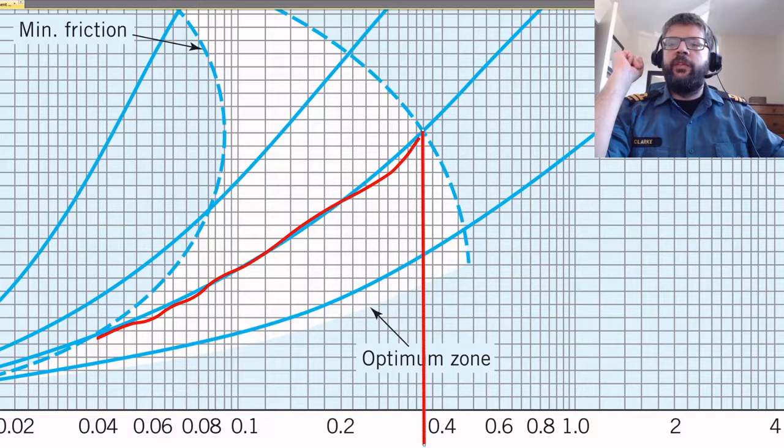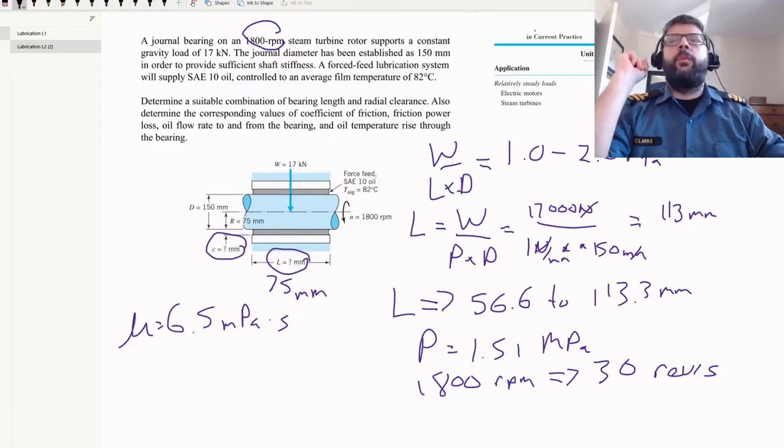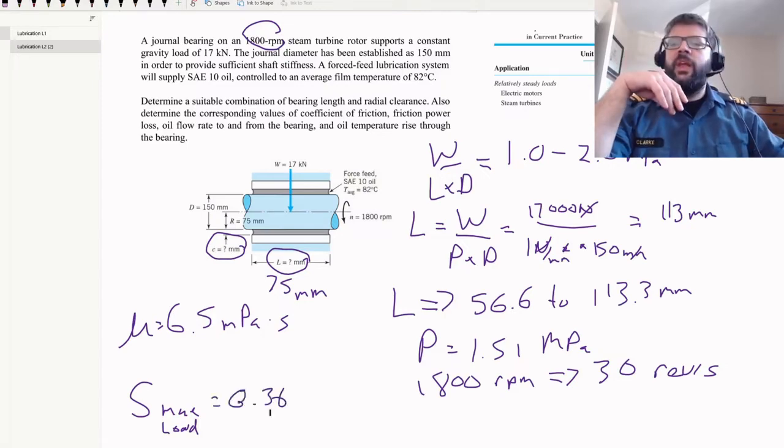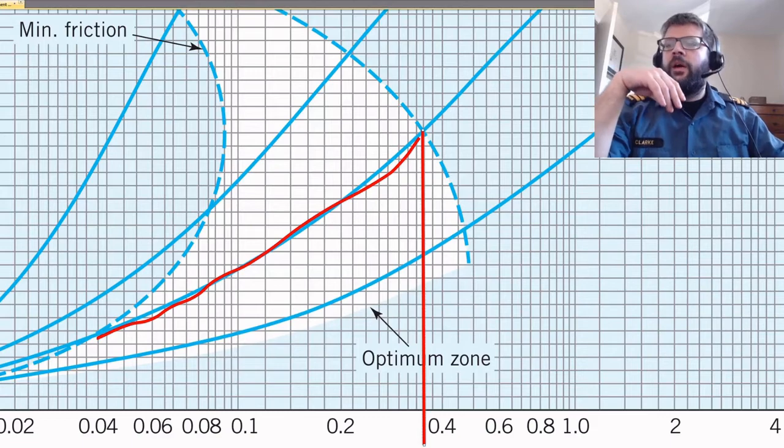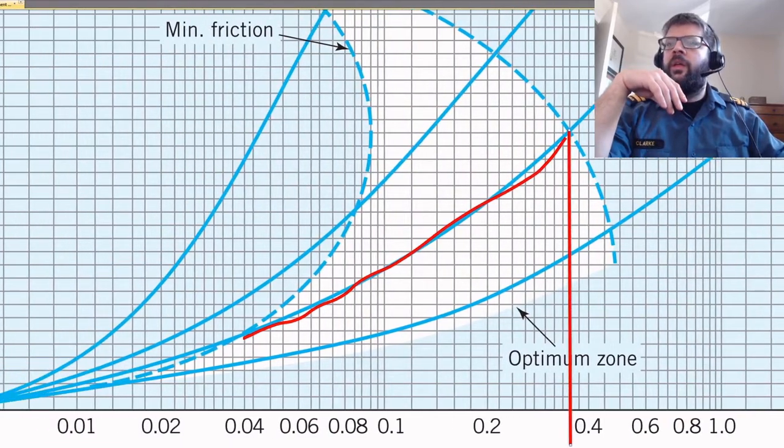So 0.36 is going to be the top end of our optimal range. I'll call that S max load, because that's what that corresponds to. S max load is equal to 0.36.